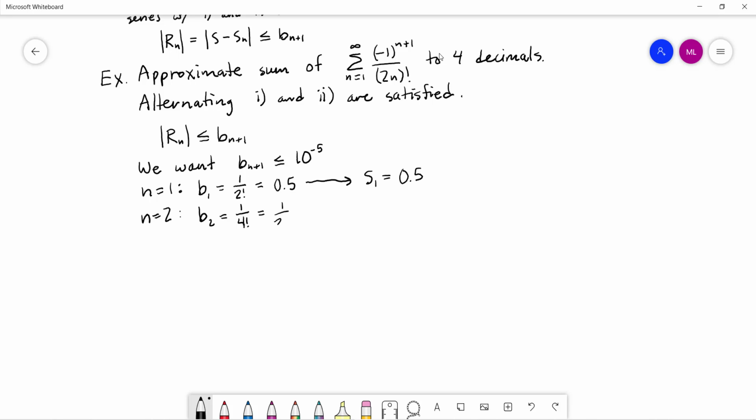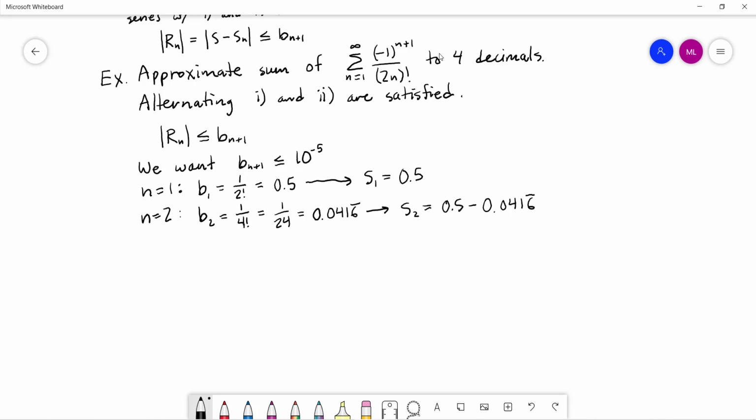So this is 1/24th, which is equal to, as a decimal, I'm just going to plug this in on a calculator, 0.0416 repeating.